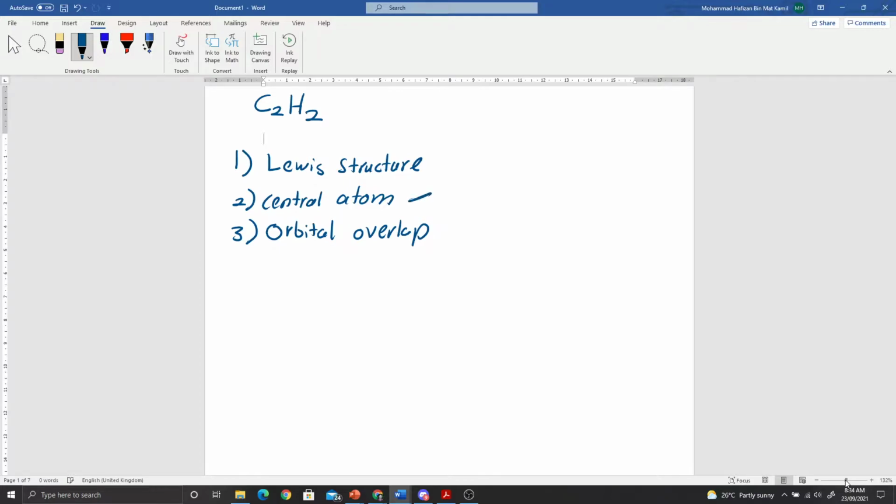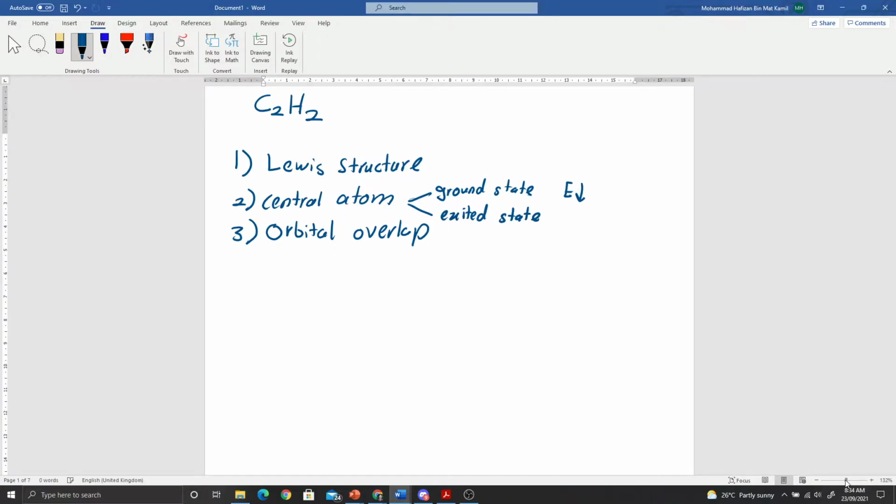For the central atom, we have to talk about the ground state and excited state. Okay, ground state is the state where the atom is the most stable. All energy lowest, the lowest energy.